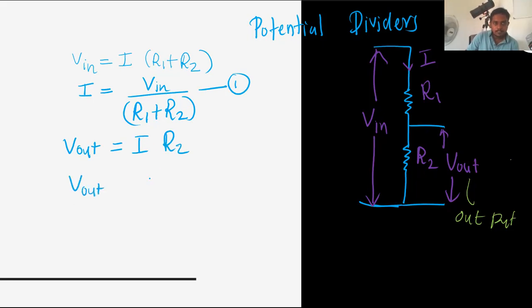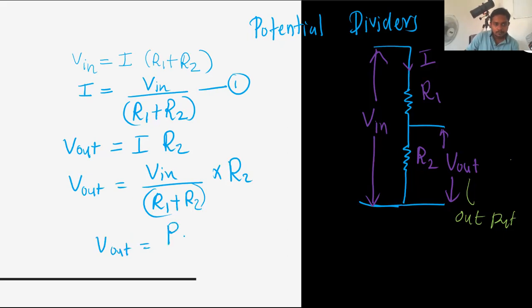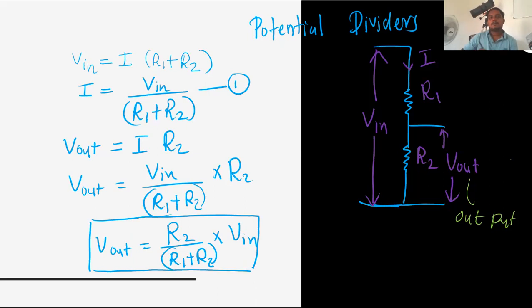Substituting V in here, I value is V in over R1 plus R2, times R2, and V out I am getting is R2 over R1 plus R2 times V in. This is what we call the potential divider. This is the output of the potential divider.